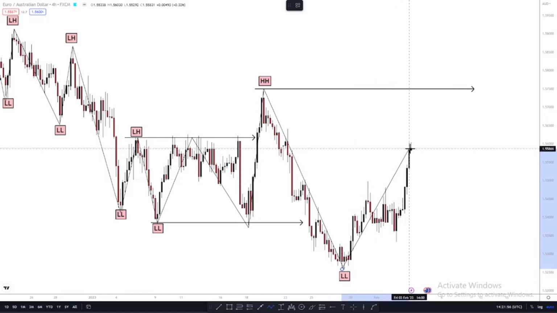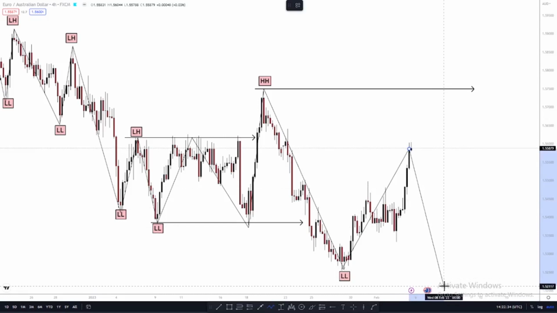A newer lower high, so that we continue back to the downside. Do you get me? Good.